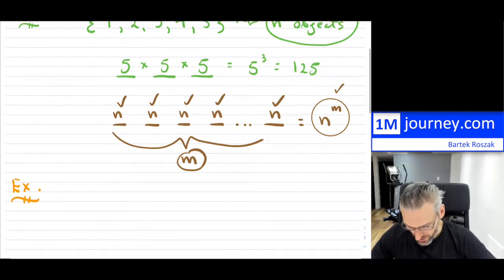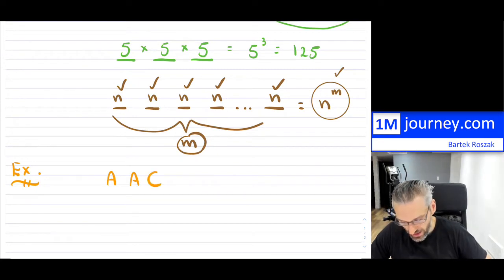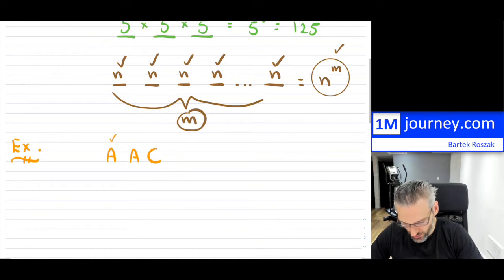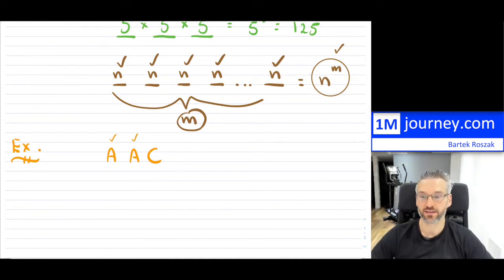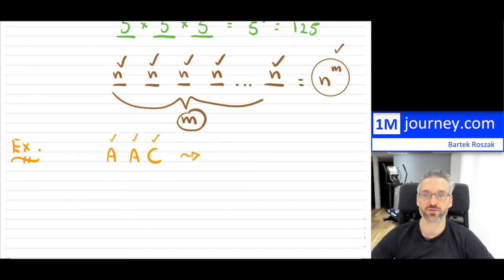So let's imagine, again, this time I'll have an A, another A, and let's say a C. So I have AAC. Out of these 3, notice these 2 are repeated. This one is not. And I would ask you, I have 3 characters, and again, they can be 3 different objects.